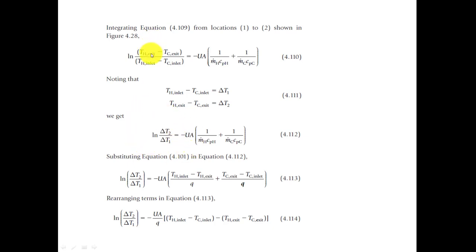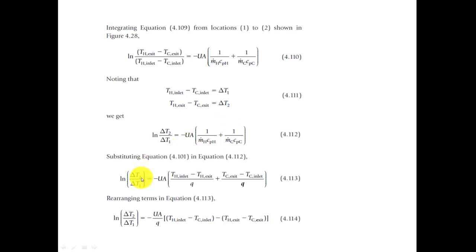So in place of this value we can write del T2, and in place of this value del T1. From here we find a relationship that the natural logarithm of del T2 by del T1 is equal to minus UA bracket 1 by mCp plus 1 by mCp.